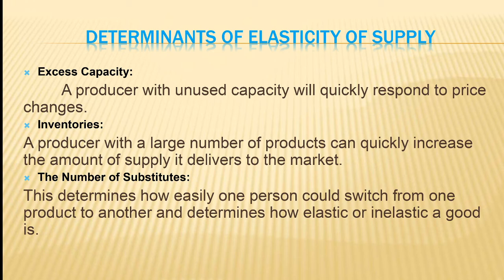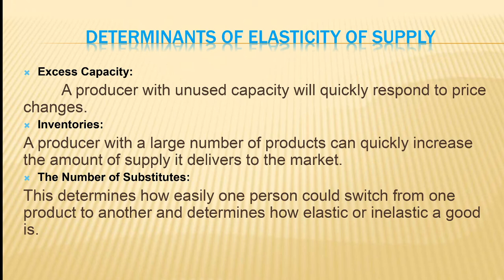Then inventories: a producer with inventories can quickly increase the amount of supply it delivers to the market. Based on inventories, the supply will be there in the market. And also the substitutes.